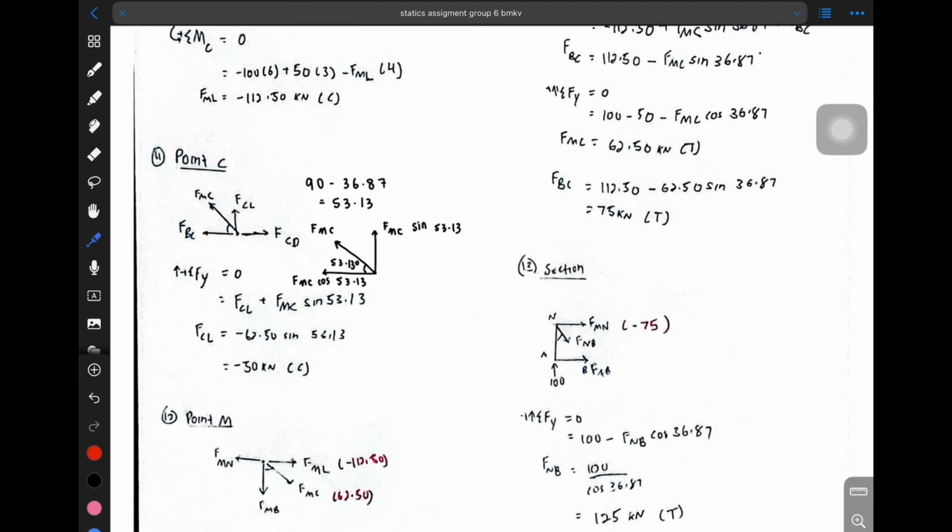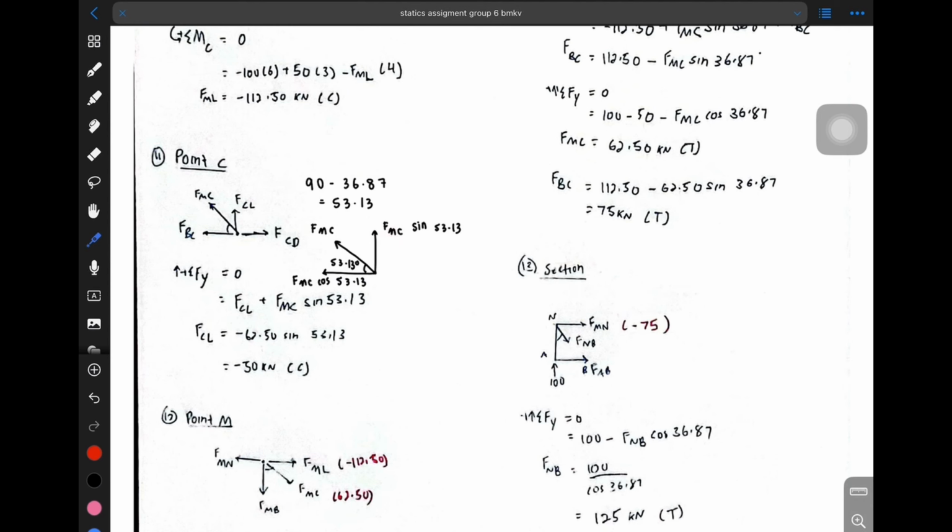At the point C, we need to find this angle. As we know, this is 90 degrees. So 90 degrees minus 36.87, we get 53.13 for this angle. And we need to find Fy equal to 0. So we assume up is positive. We can see that for this rigid body, FCL is up and it is positive, and FMC sin 53.13 degrees is up and it is positive.